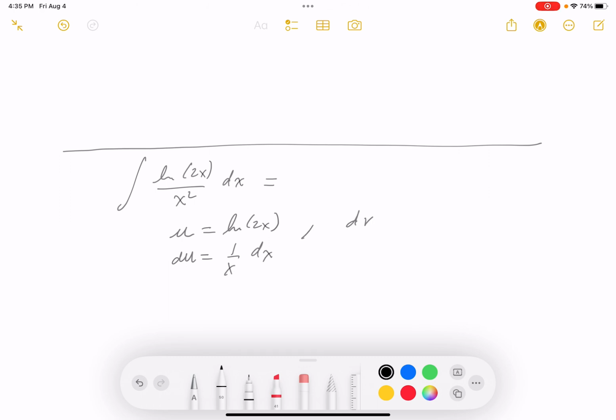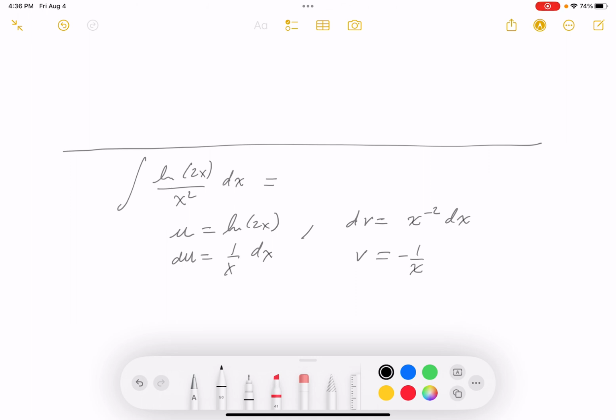This forces me to choose that dv is actually x to the minus 2 dx, which means v is going to be minus 1 over x. Again, increase it by 1, minus 1, divide by minus 1. You're okay. Plus c, but I'm not going to worry about that. So what do you do over here? Let's write this down.